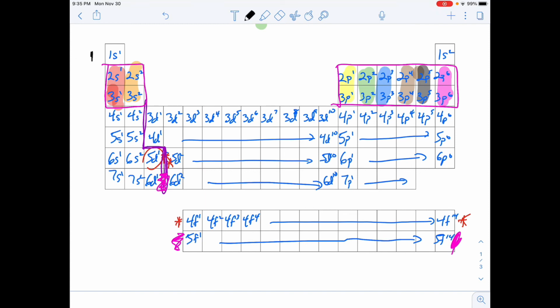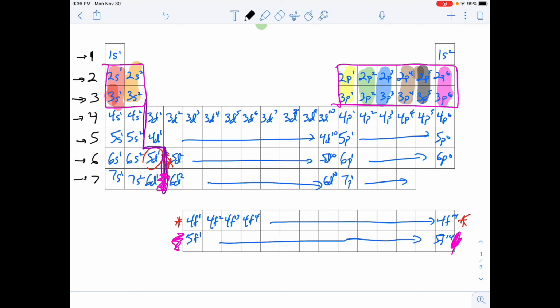These all belong in the first energy level. These start, and for the most part, are all second energy level. These are all third energy level, if I'm reading it across sideways. This starts the fourth energy level. Yeah, there are some third energy levels because of the way the d fills, but it starts the fourth energy level. This starts the fifth energy level. It starts the sixth energy level. It starts the seventh energy level.